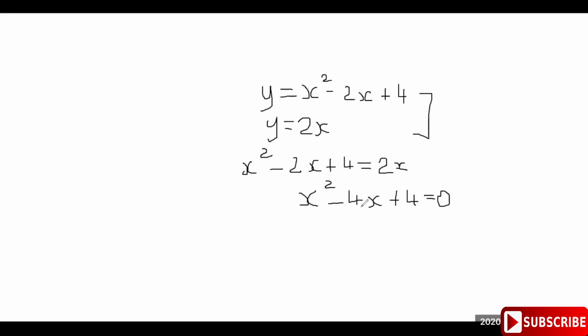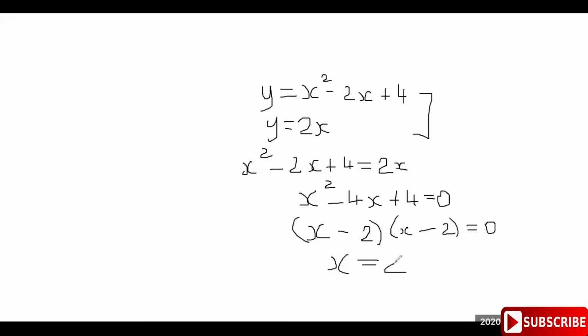That's what we get. And so we can factorize it now and equate it to 0. And what we're getting is x minus 2 and x minus 2. Signs are the same, both of them negative, so that's minus and minus. So what we're getting is x is equal to 2.